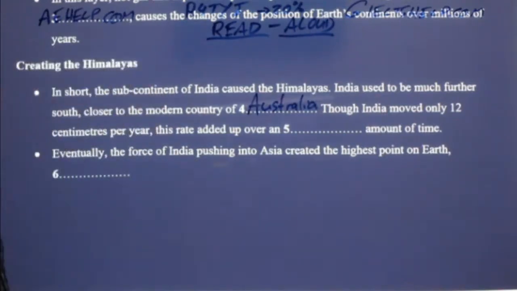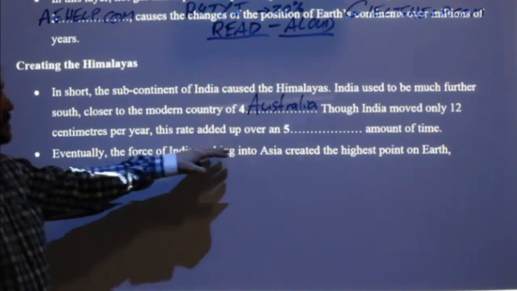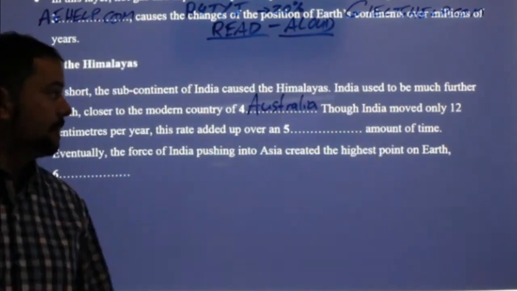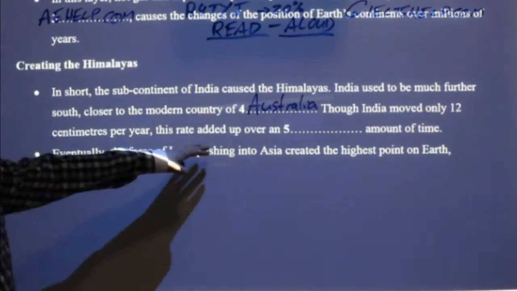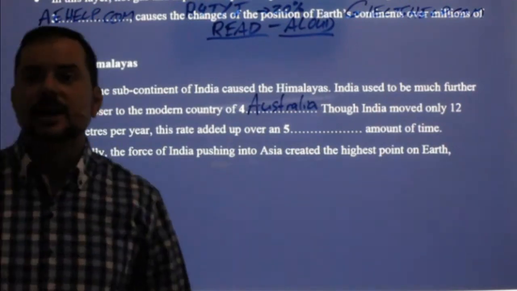Though India moved only 12 centimeters per year, this rate added up to an something amount of time. What is it? So it added up over something amount of time. How much time?